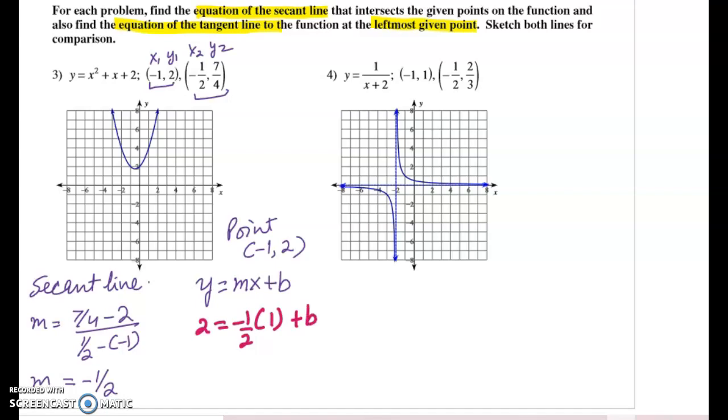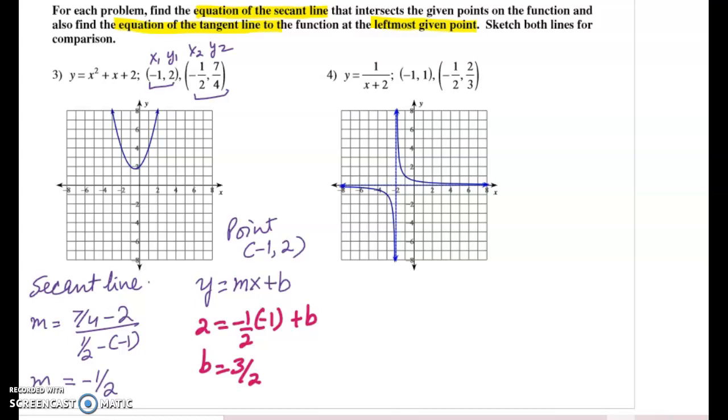If I solve it quickly, subtracting 1/2 from both sides, I will get b as 3/2.